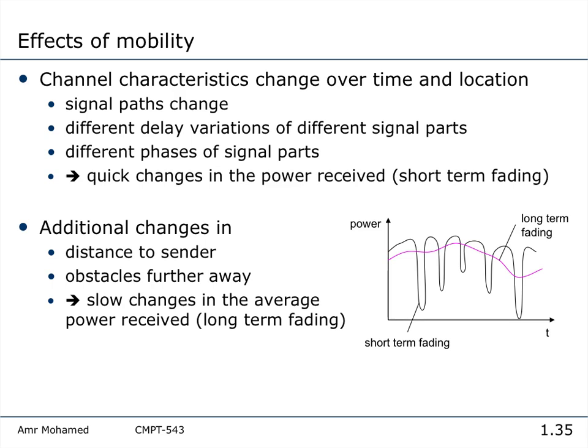So there are two very common effects that happen to the signal. There is the path loss, and that's why we'll talk about the path loss model, and we'll talk about the fading model. The path loss model here talks about the fact that as the signal moves away, it attenuates over time. Okay?